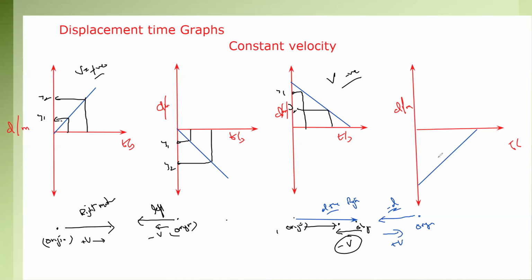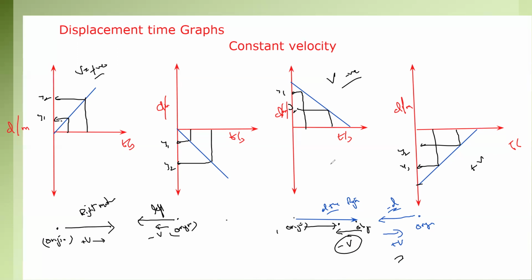And when we work out the gradient, this will be y1 and this will be y2. So y2 is above y1, which means the velocity will be positive. So it has a constant positive velocity because it's moving towards the right, and the original displacement is toward the left. That's why the displacement was negative.